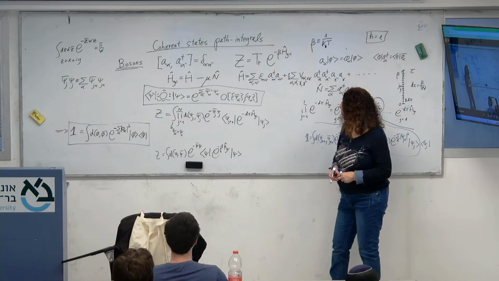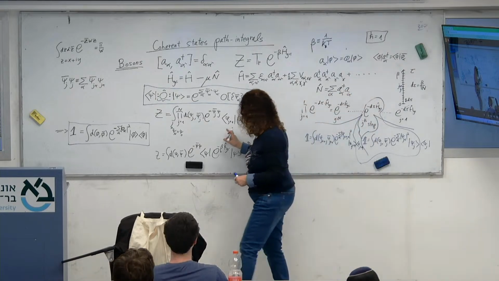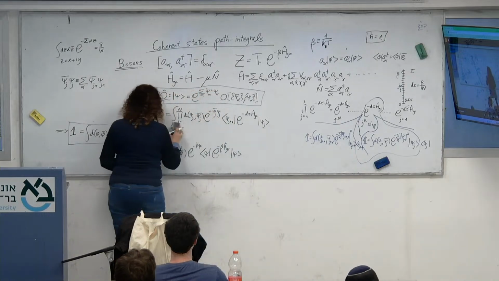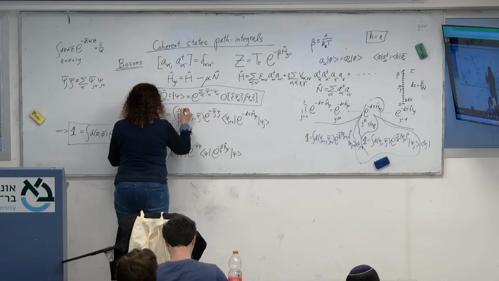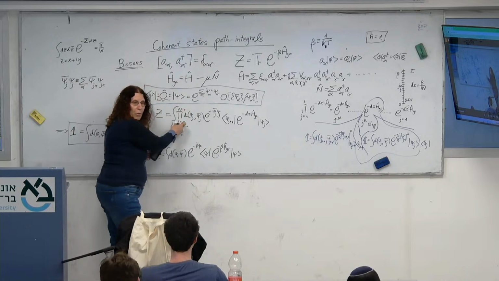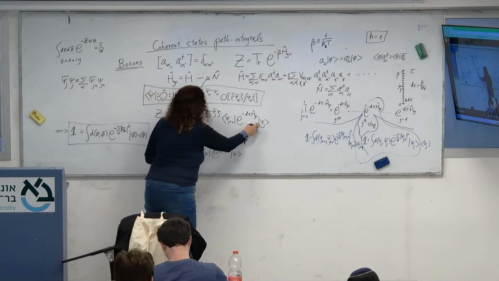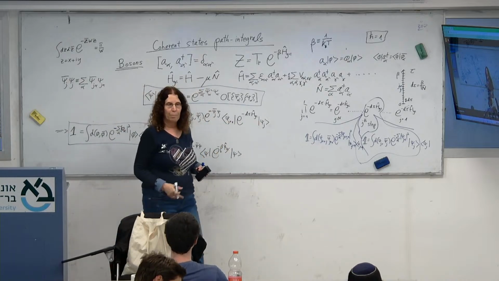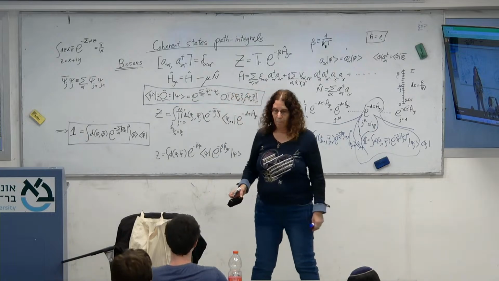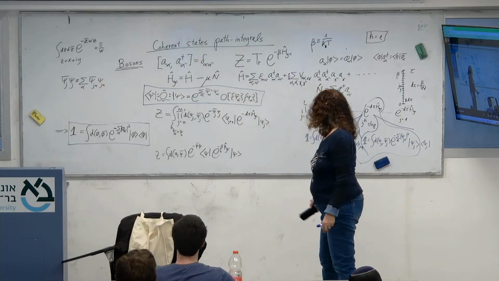Actually, if you want to be a little accurate, maybe it's better to write it as j going from 0 to n minus 1, so that it's well defined for each j.